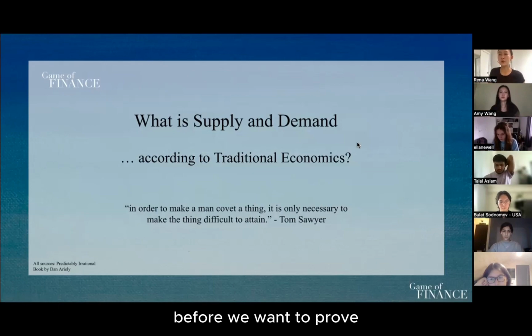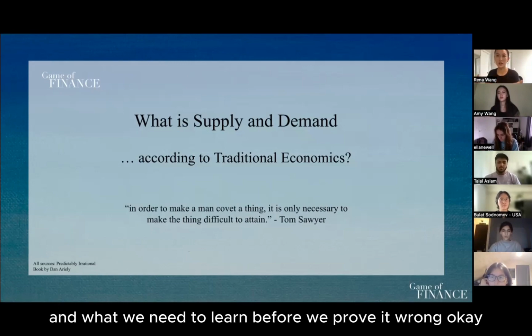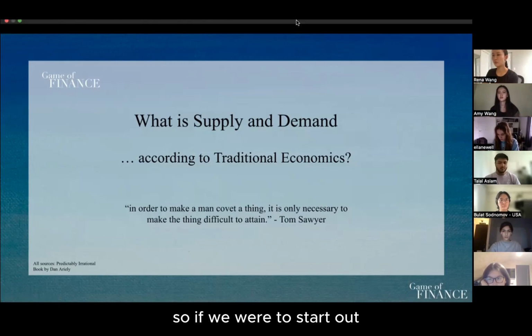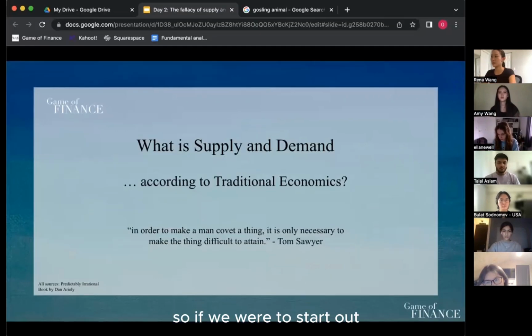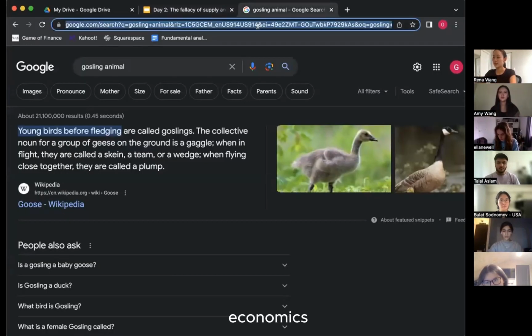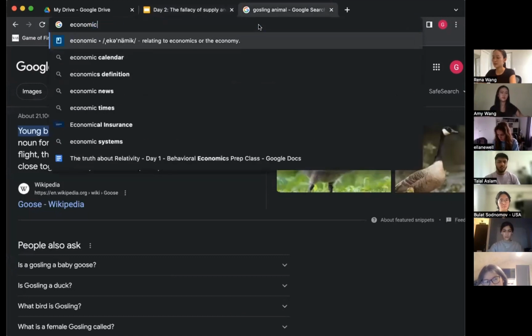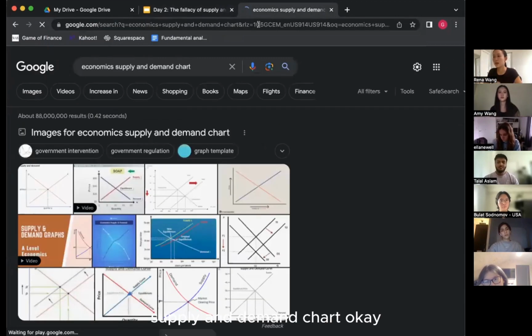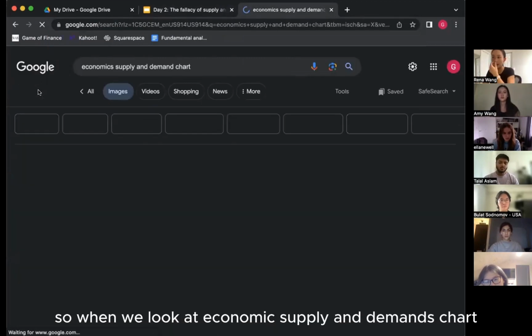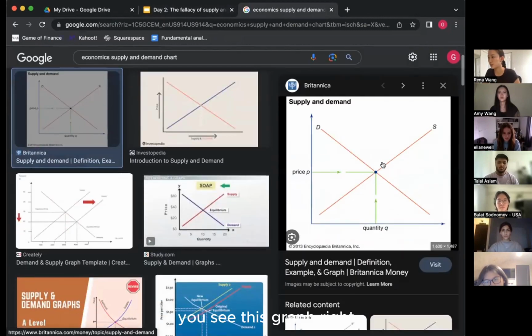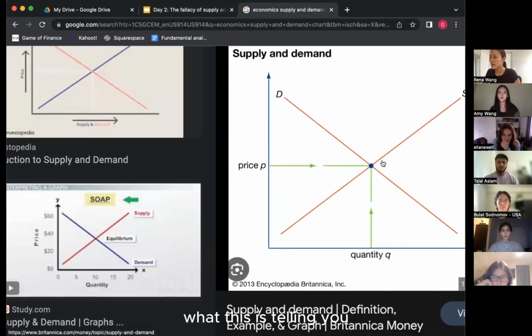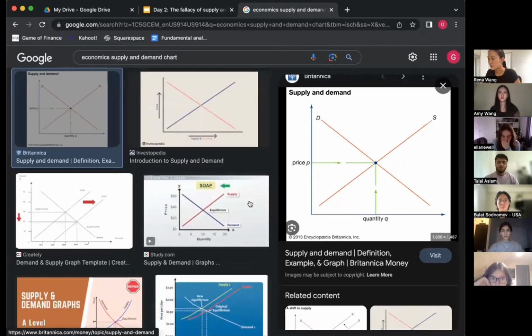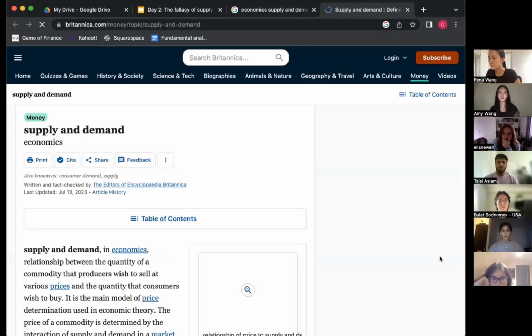Before we prove the wrongs of traditional economics, I want to introduce to you what traditional economics is and what we need to learn before we prove it wrong. So if we were to start with an economics supply and demand chart, you see this graph, right?